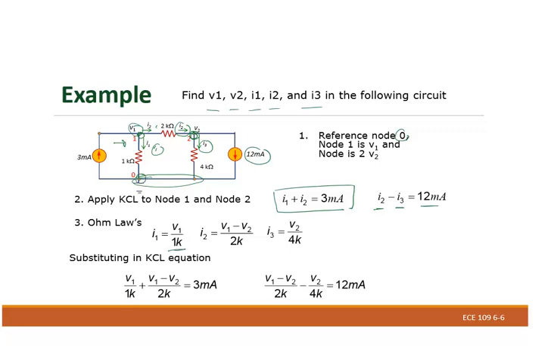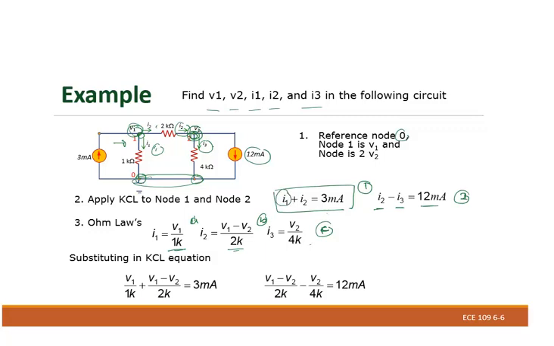I2 is V1 minus V2 divided by 2K. I3 is V2 minus 0 divided by 4K. So we need to substitute. We have two KCL equations, and we substitute A, B, and C into the KCL equations.